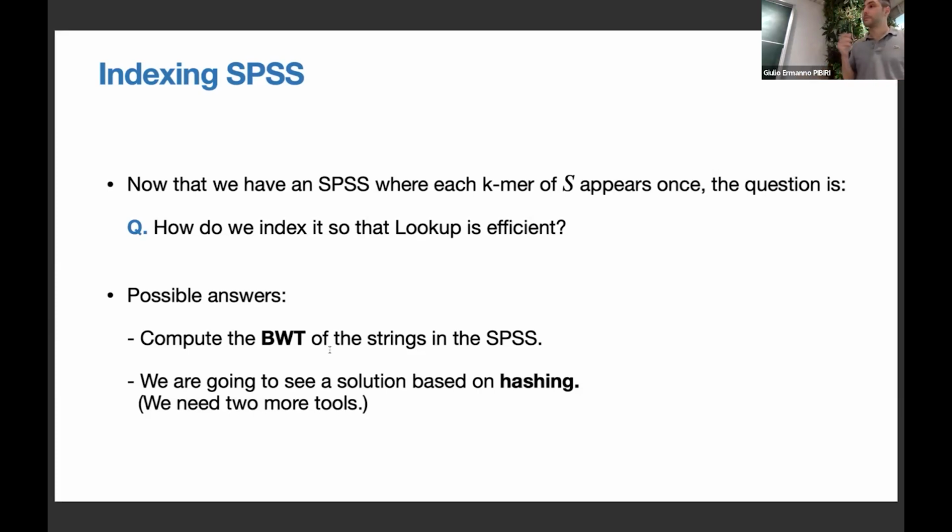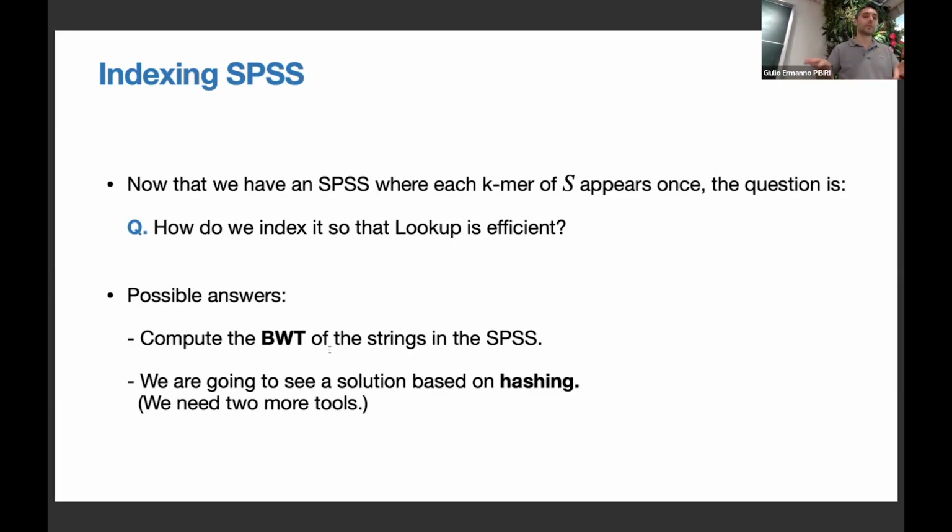But my point is that BWT indices here are strictly more powerful because, as you know, they allow for substring search. Okay, so they do not just look for k-mers, but can actually search for any substring, for any length. So what we're going to see next is a solution specialized for k-mers and based on hashing.